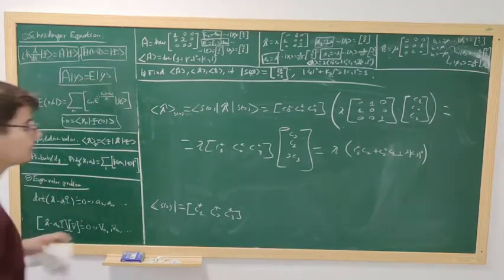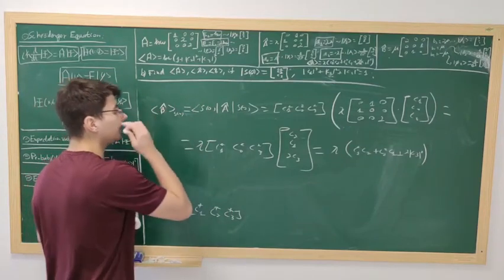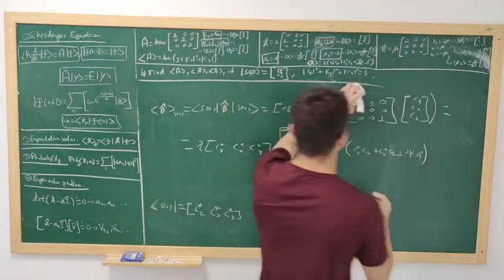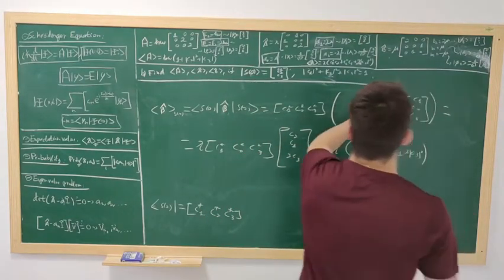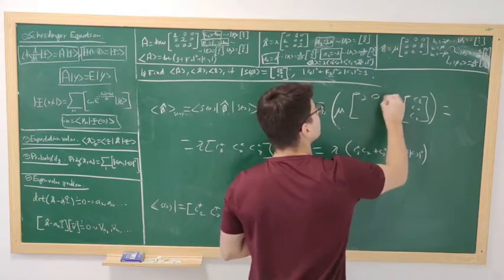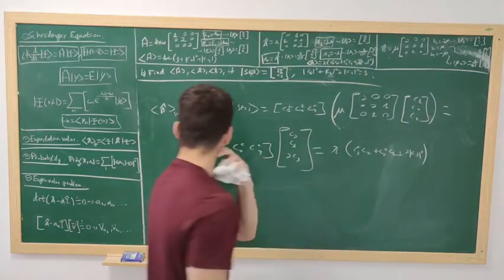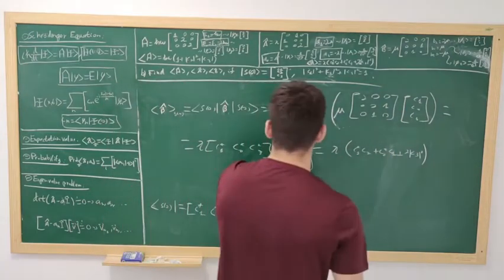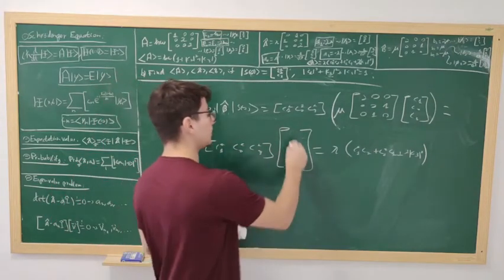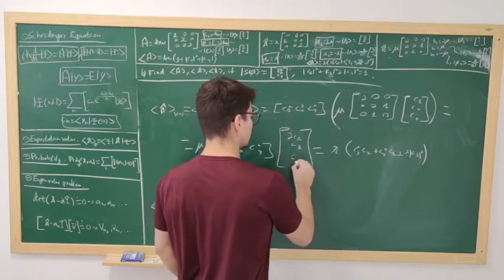Now we have to do the same for B, and to save some time, we just write B, and instead of this matrix, we will need the B matrix, which is this one. So mu 2, 0, 0, 0, 0, 1, 0, 1, 0. What would this give us? This would give us 2C1, C3, and C2.